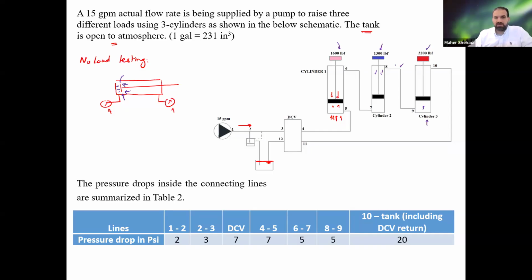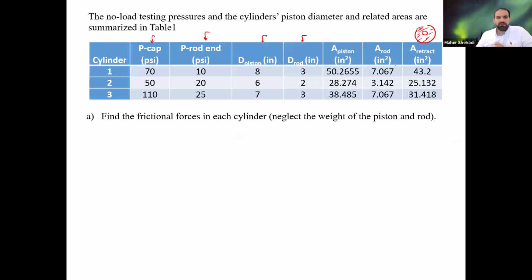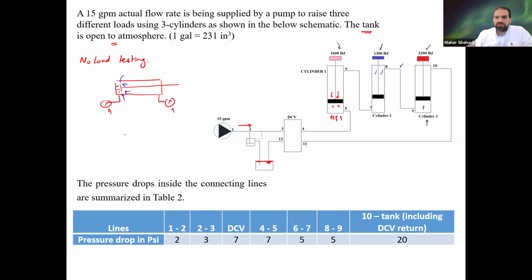All right, let's go ahead and get started with the frictional losses. We have all the information on the next slide. So that's where we're going to start. Cylinder one. In general, you have P cap, the pressure on the cap side, times the area of the piston. They're all the same.